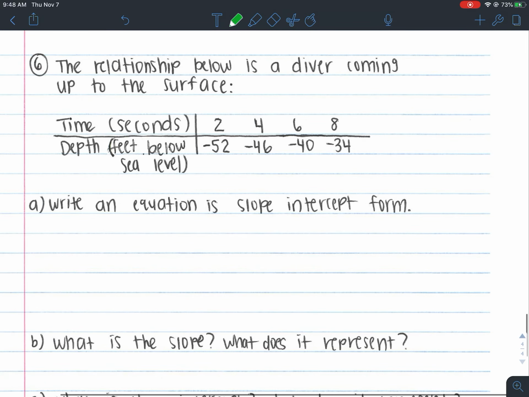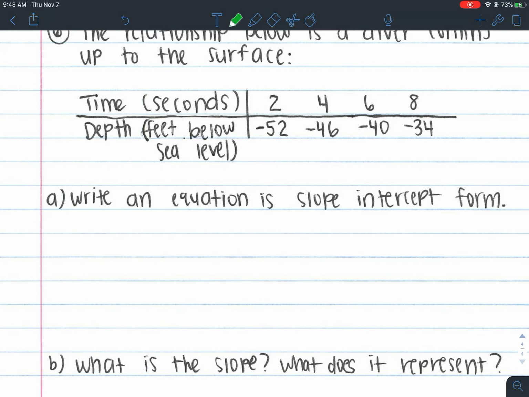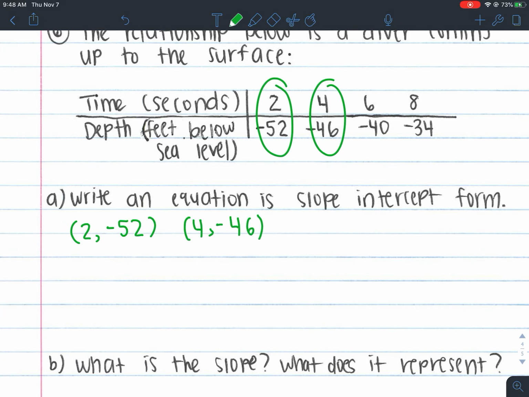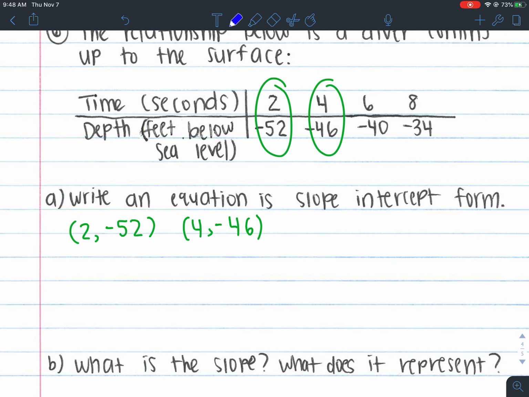We're given a table here, but we want to write an equation in slope-intercept form. In order to do that, I need a slope and a y-intercept, which I'm not given, but I know how to find the slope as long as I pick 2 points. I'm going to pick the first two, (2, -52) and (4, -46). It doesn't matter what points you use for the slope formula.